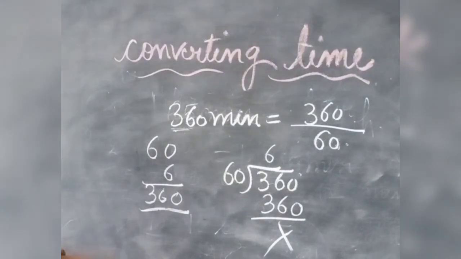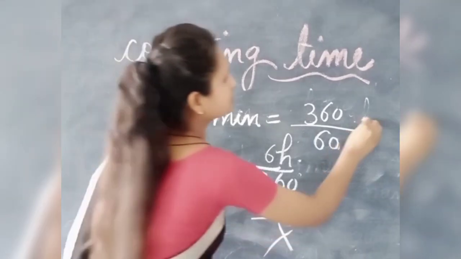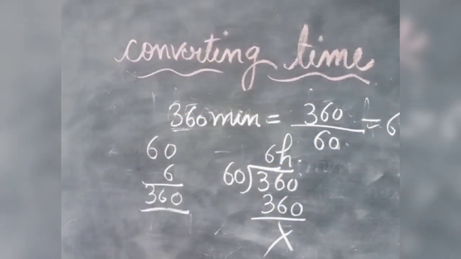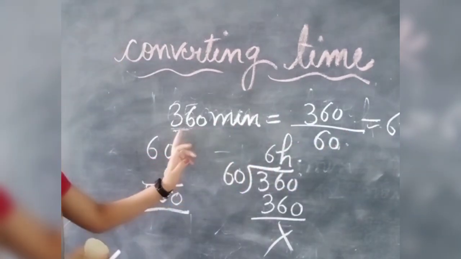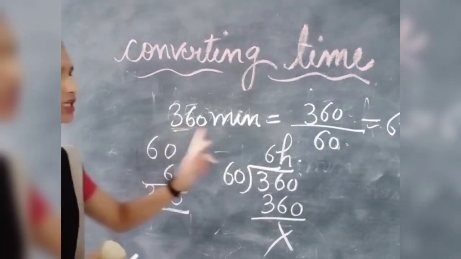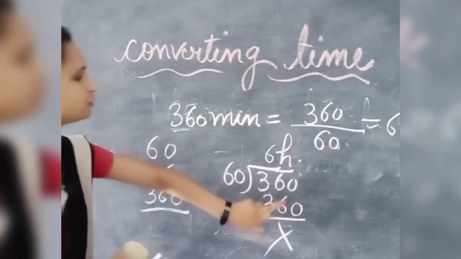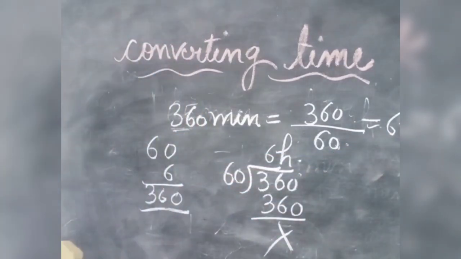So our answer is 6 hours. We have to write it like this. To convert minutes into hours, we divide 360 by 60, and then we get the answer 6 hours.